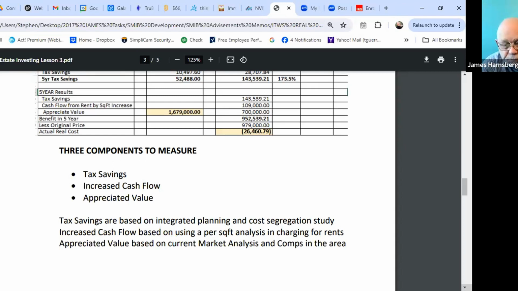And this gives us the most advantageous tax-centric approach. Literally, this property will sell in a couple of years for over $2 million, and we will have no taxable gain. And we'll take that $2 million and parlay that into a 7 to 8 unit property and start the process all over again.